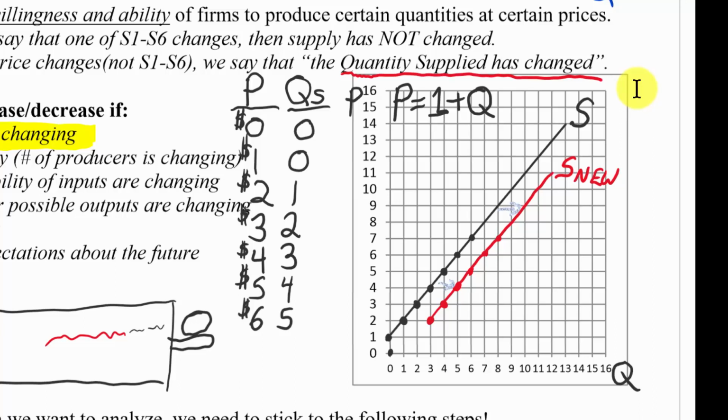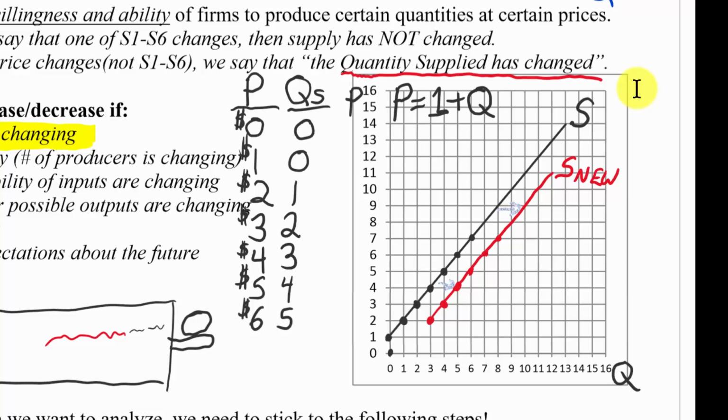An example of this would be some kind of pesticide that farmers use, and this pesticide is found to be dangerous to wildlife or to the environment, and so the government passes a law outlawing this pesticide, like DDT. In that case, that's making your technology from the farmer's perspective worse, and you are going to be less willing and able to produce compared to before, and so that would cause a decrease in supply.